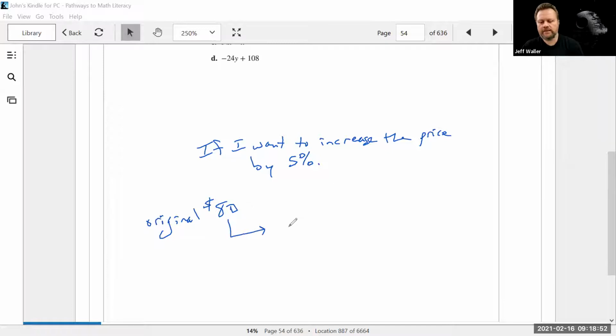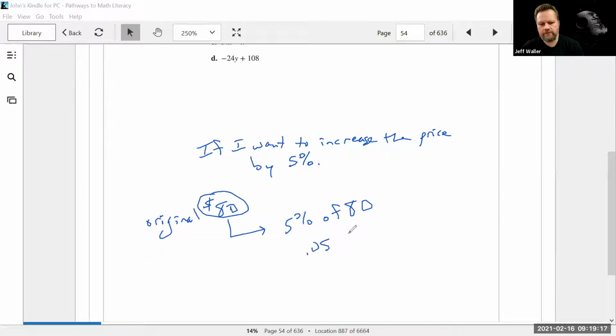A shortcut to figure out what the new price is. Let me see if you guys are with me. How would I figure out what the new price will be? I'm going to increase the price by 5%. How much will I increase it by? Would you multiply by 0.05? Yeah, so you do 5% of 80, right?